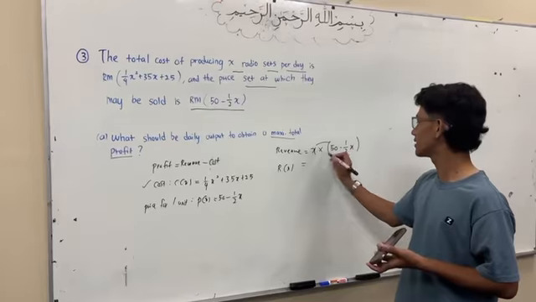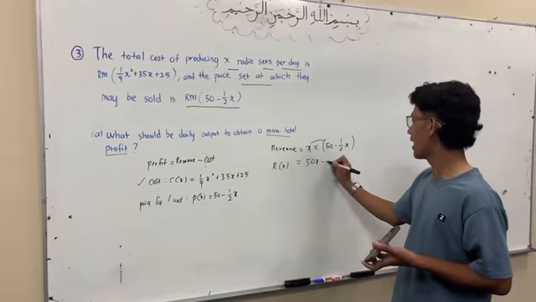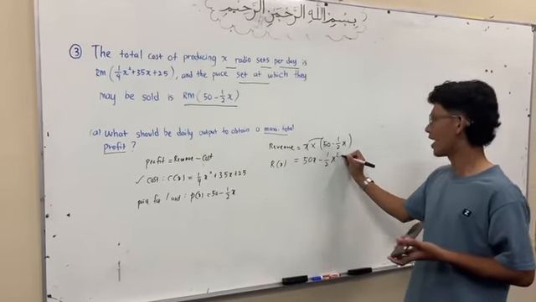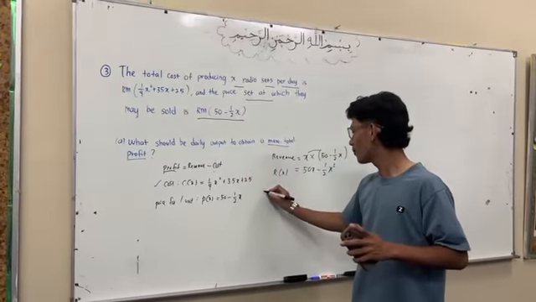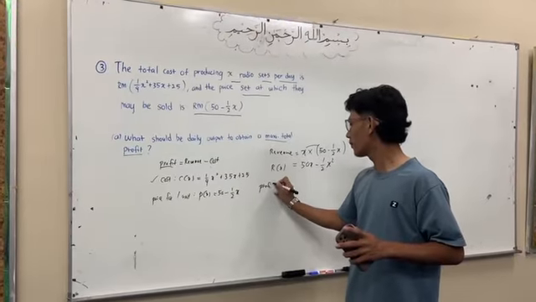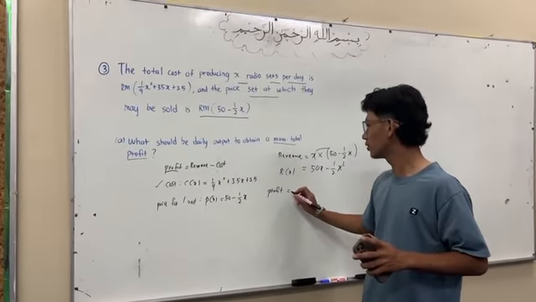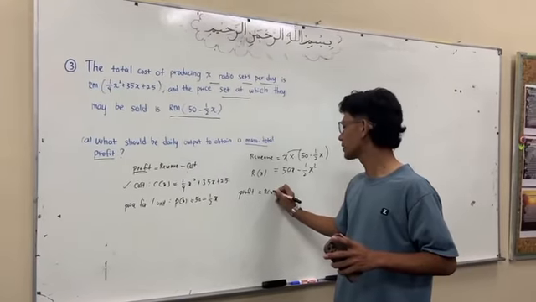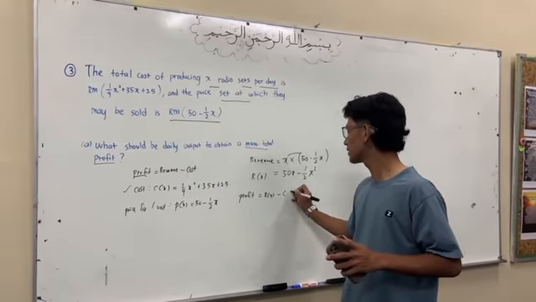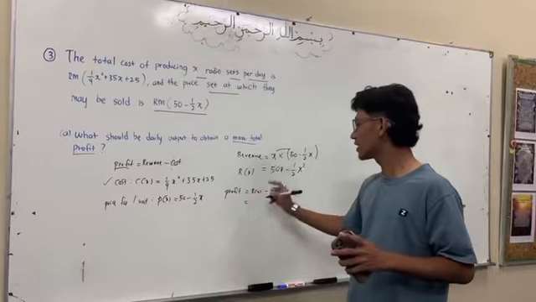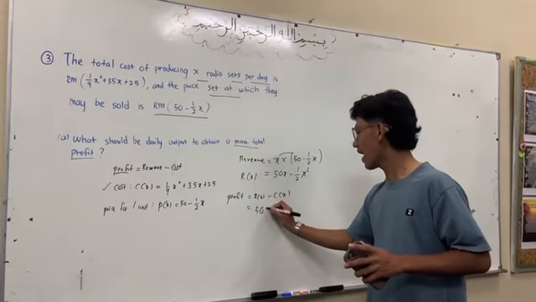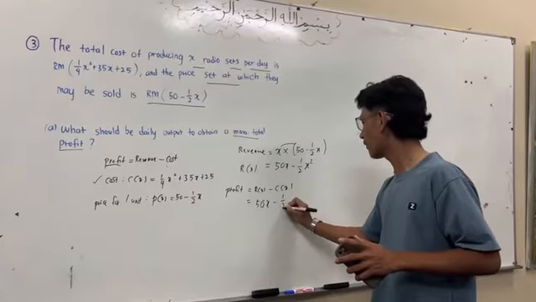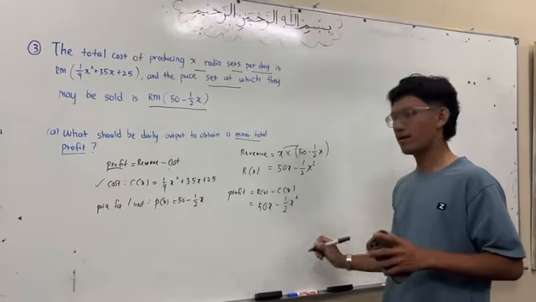So this one is 50x minus half x squared. Right. So we need to find profit. So profit is equal to Rx minus Cx.